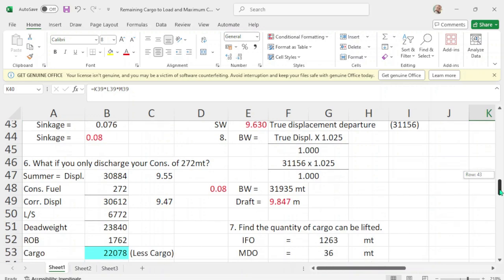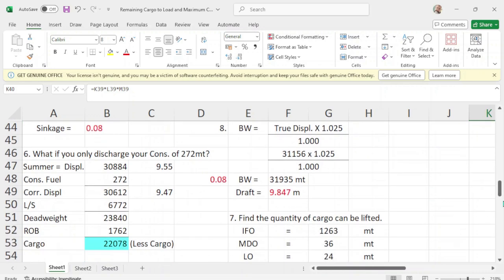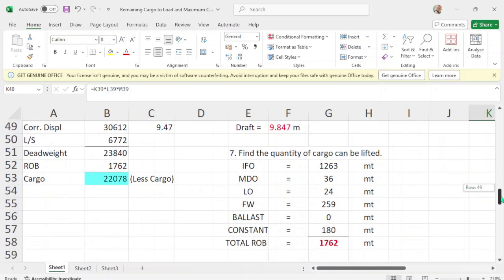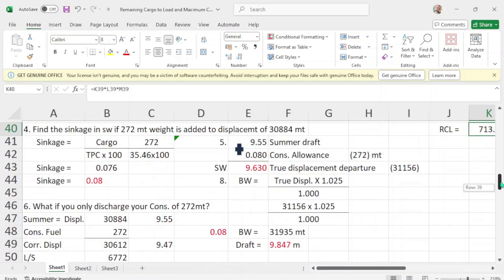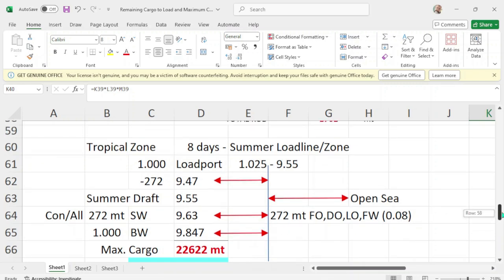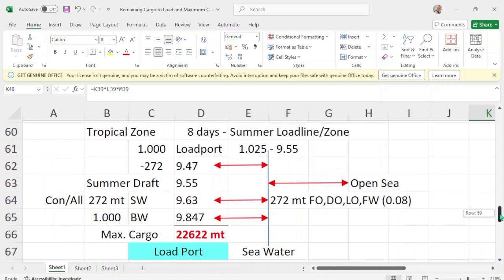But your cargo here is 078. So that will happen if you don't want to add this consumption allowance of 272. You just want to use this, take out this fuel oil and fresh water, which is 0.8. So I hope you got the point I want to emphasize.